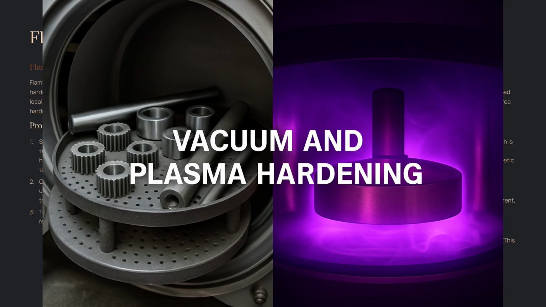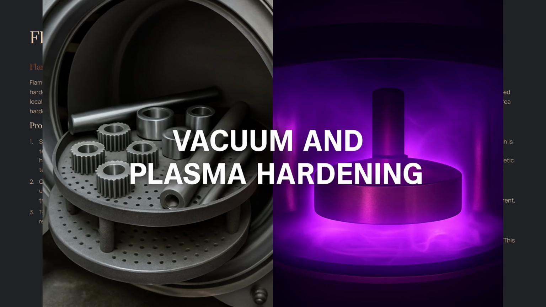Key characteristics and advantages. Rapid heating. Induction heating is extremely fast, often taking only seconds, which minimizes grain growth and distortion. Selective hardening. Only specific areas of the part are heated and hardened, leaving the core tough and ductile.